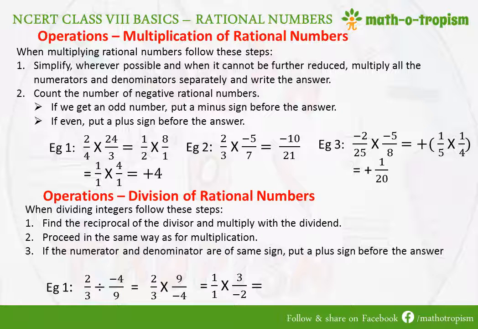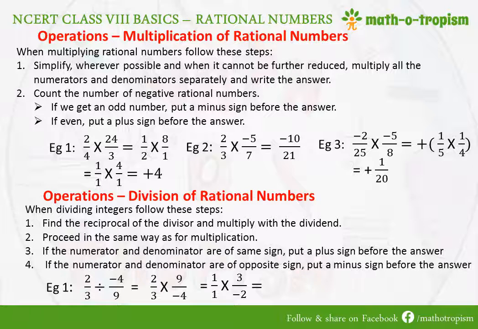So if the numerator and denominator are of the same sign, then put a plus sign before the answer. Here the numerator is a plus and the denominator is a minus. So if the numerator and denominator are of opposite signs, then put a minus sign before the answer. So this comes as minus, numerator is 3 and denominator is 1 into 2, which is 2. So the answer is minus 3 by 2.